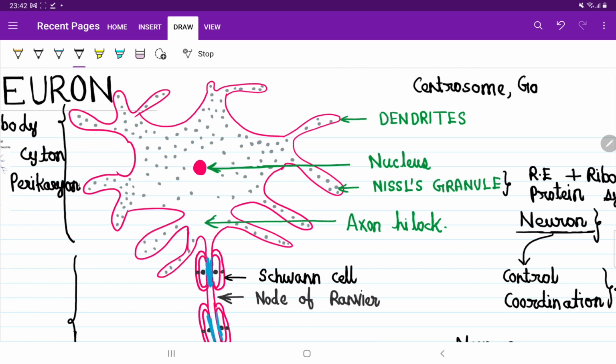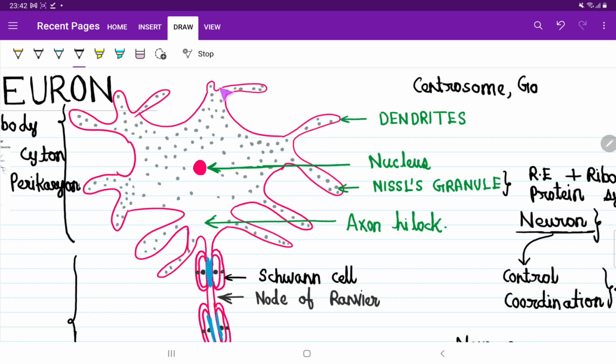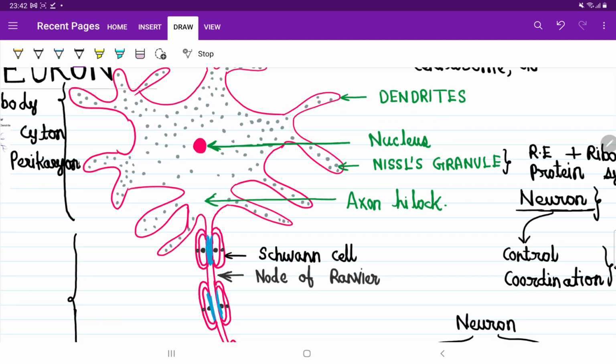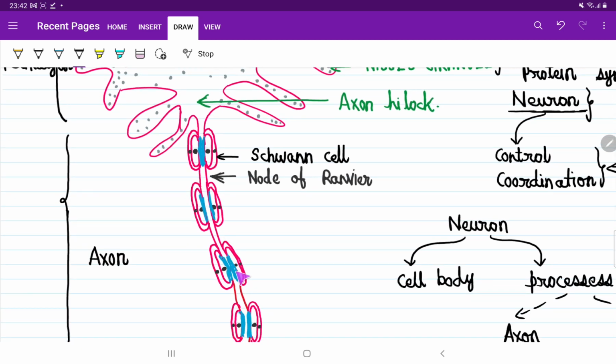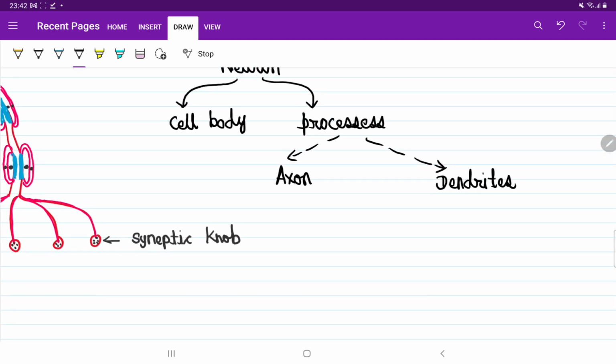You see this Nissl's granule is present in the cell body, and it is also present in these extensions that are called dendrites. But you see, in the axon, these Nissl's granules are not present. So this is a great difference between axon and dendrite.